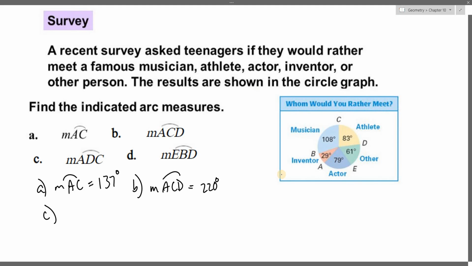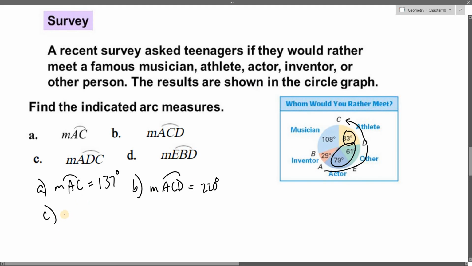But letter C, you got ADC. So where do we start? Where do we end? So again, my thinking was, I start going this way, but it says ADC. So we really ought to go counterclockwise to A, from A to D, then end at C. All right, so we're going to add 79, 61, and 83.